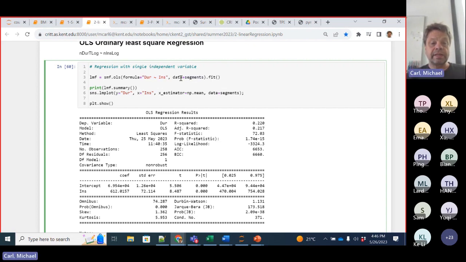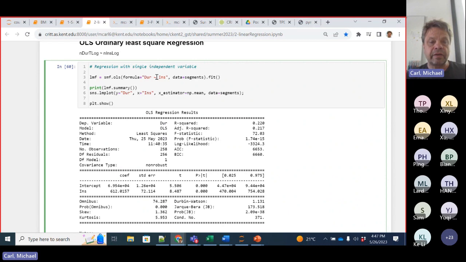This is the data set that we loaded, and perhaps you remember this data set contains sessions from two languages, English into Spanish and English into Arabic, and this would be the formula that is very much similar to R.